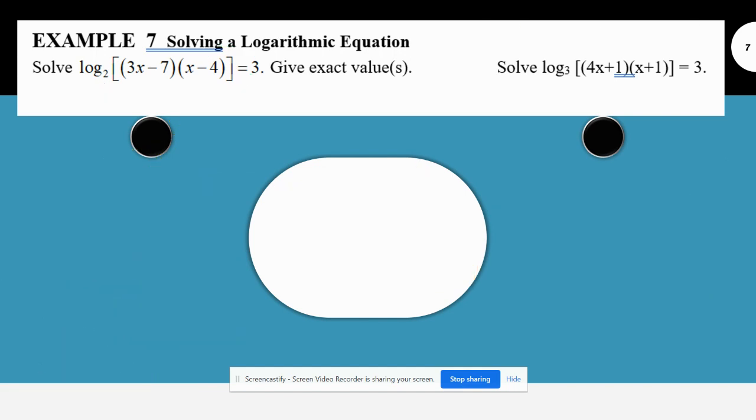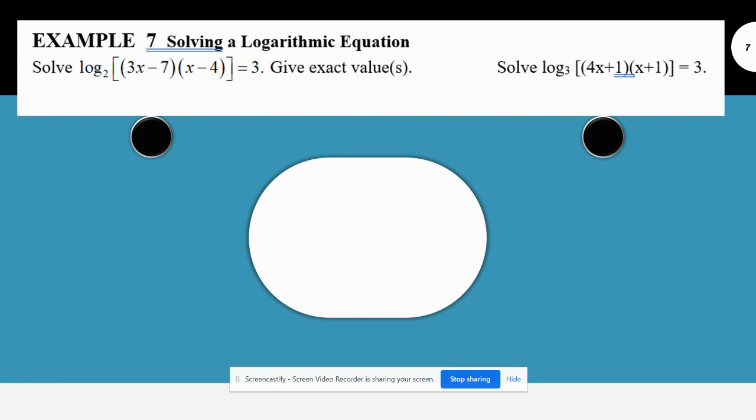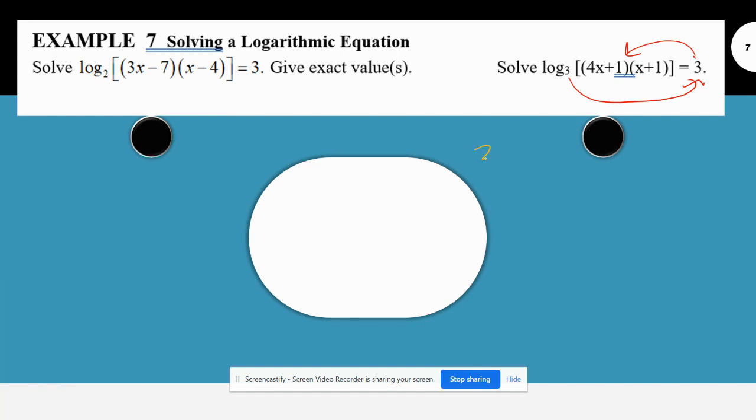The second one, again, we have a single log, so we're rewriting it in exponential form. 3 to the third power is equal to 4x plus 1 times x plus 1.